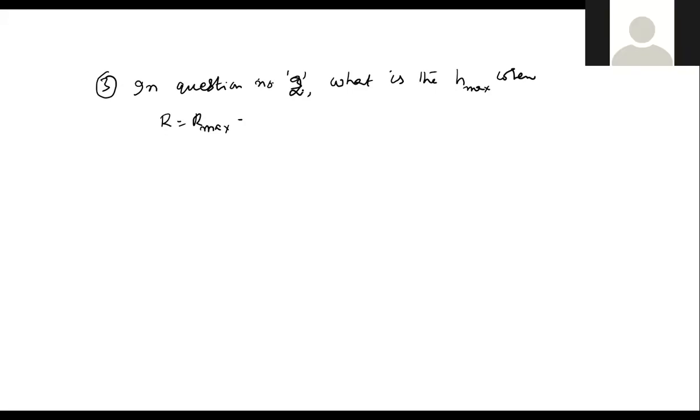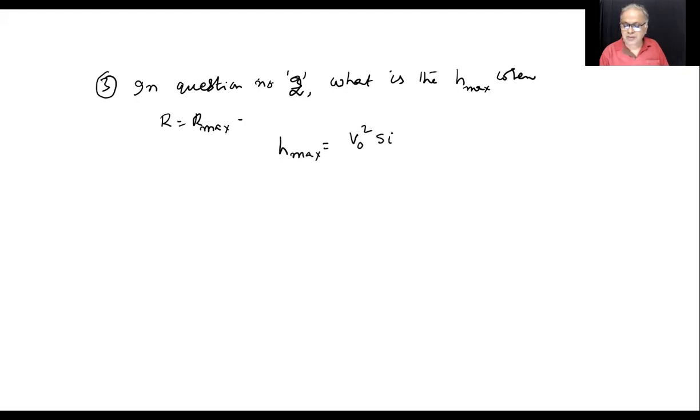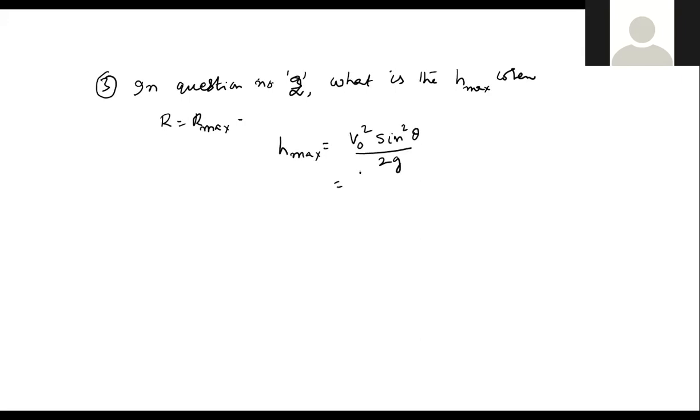It's u square by 4g, sir. That's correct. So you require the H max formula. H max equals V0 square sine square theta by 2g.